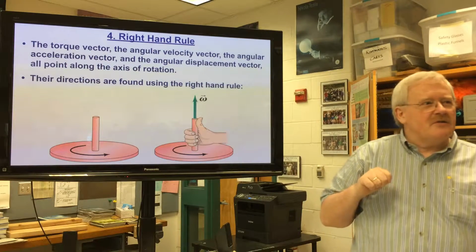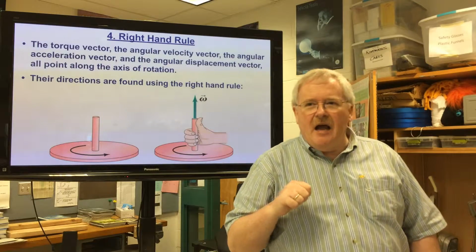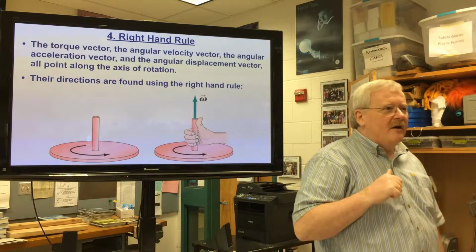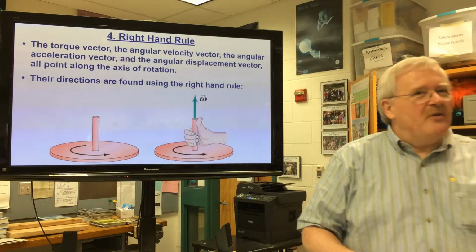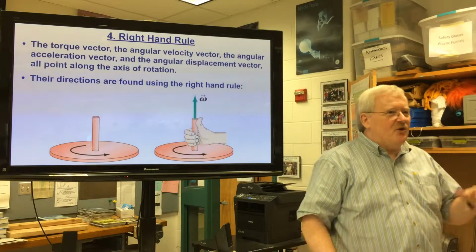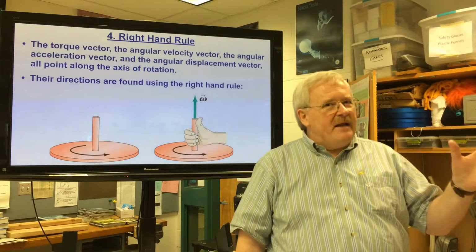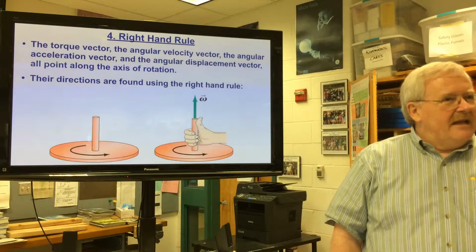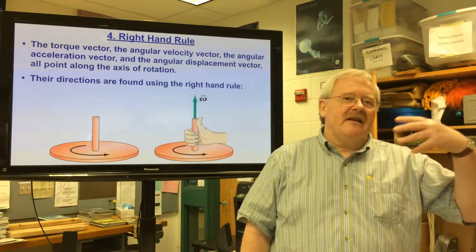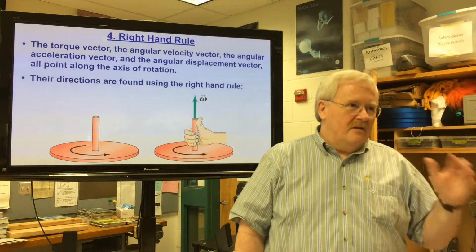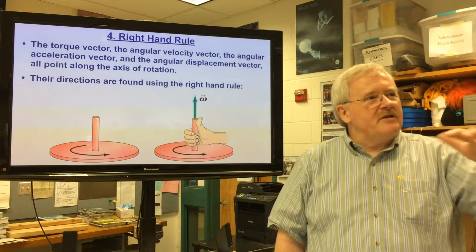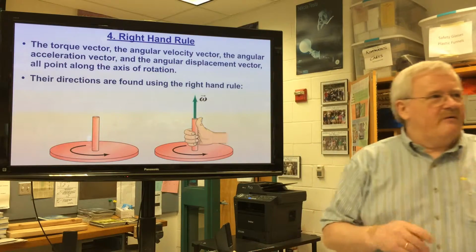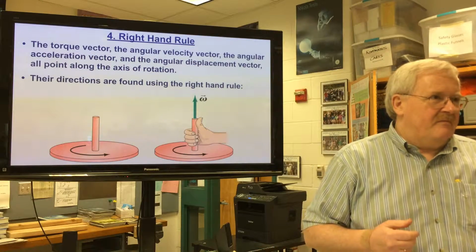Where have you heard those terms spin up and spin down before? Electrons, right. So, this concept of electron spin actually is a quantum mechanical concept, but the concept was sort of borrowed from mechanics.